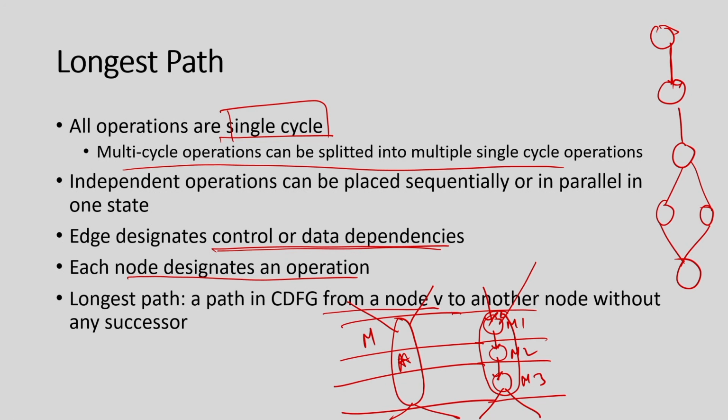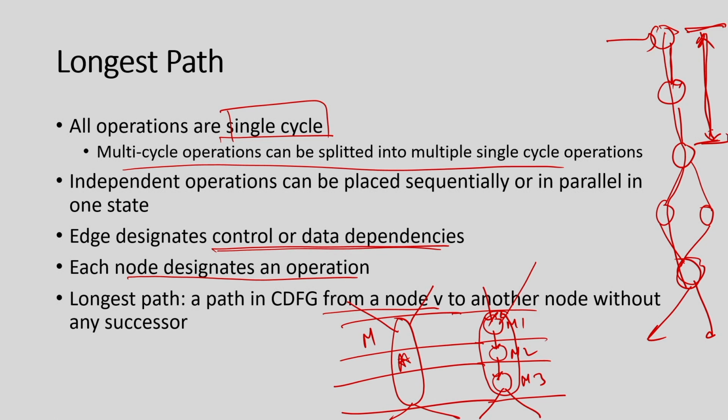This is very important, because there may be many paths. You can think that this is also a path, but I am not going to consider this kind of path. I am going to consider only paths which start from some node, it can be any node, but will end at some node where there are no further transitions. That means I am not going to take any sub path of this length, this is a smaller path.